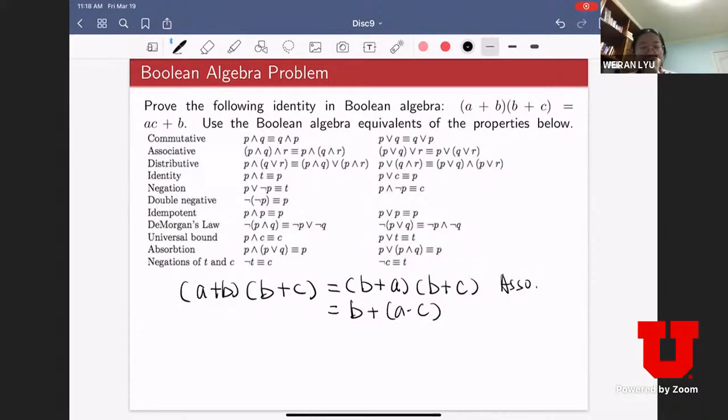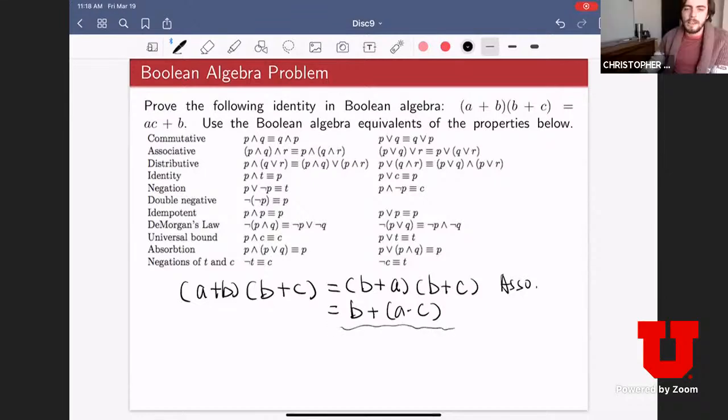Is that what you have, like B plus A dot C? Uh-huh. I see. So the distributive, you're doing it backwards, right? Yeah. And then you just change the order with the associative property to get A times C plus B.